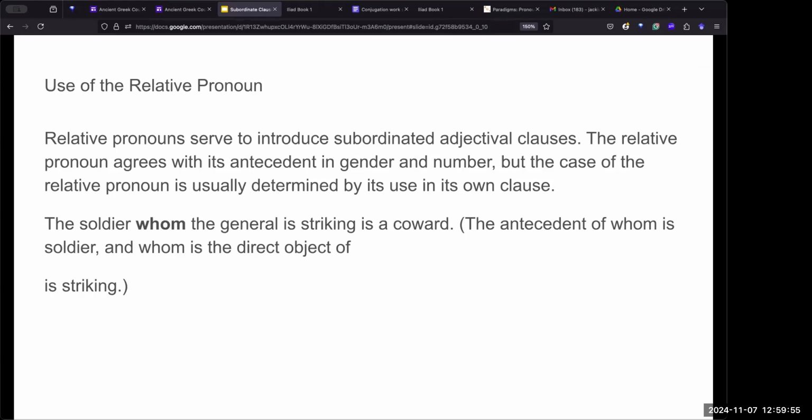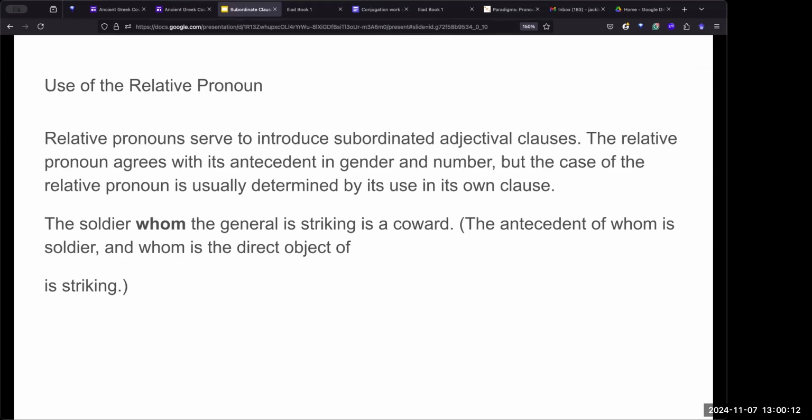Which is masculine singular. He's subject in both sentences, right? The man who brought the food yesterday is here now, right? Then the who word will be the nominative, so hos, right?